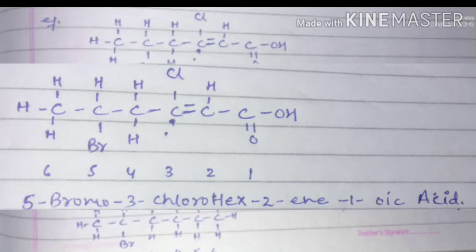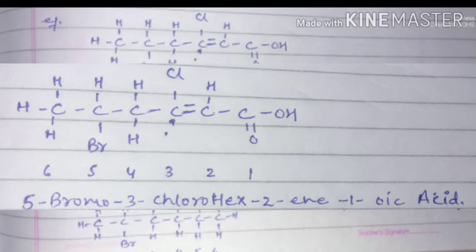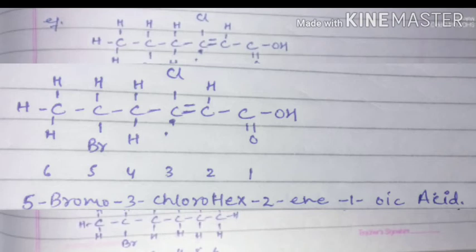Then after that, if a double bond or triple bond is not there, we need to see the prefix group, if a heteroatom is there. So on the basis of that, we need to give the third and last preference to the heteroatom.